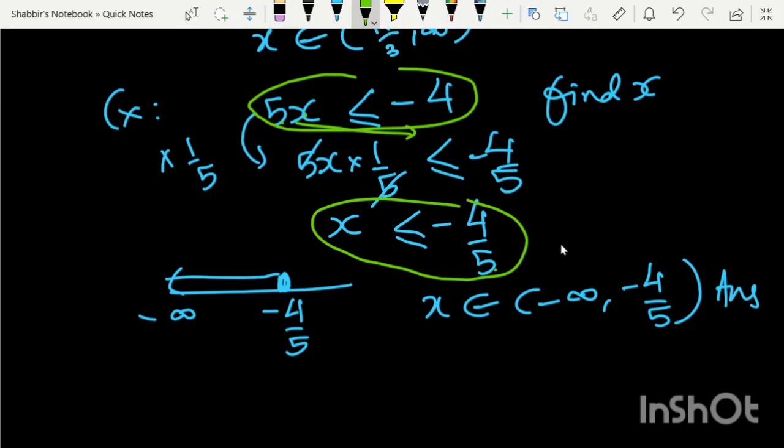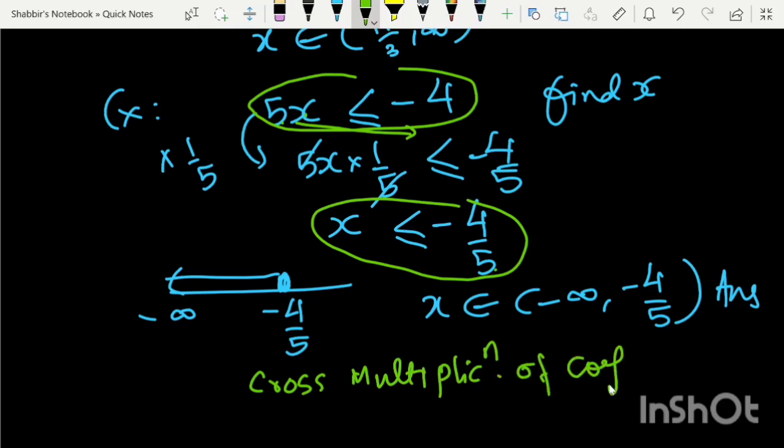So this is kind of cross multiplication of positive numbers. Okay, so we can say that cross multiplication of the coefficient of x can be done. It is allowed.